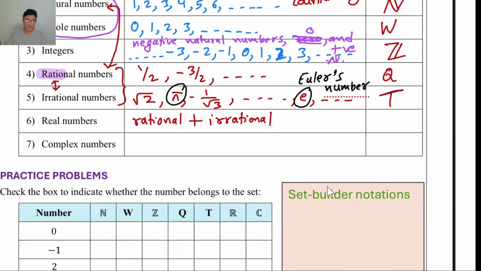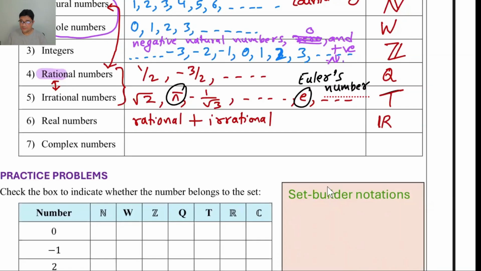That is real numbers. So real numbers should be all possible numbers you can imagine in the real world. And the notation is R.